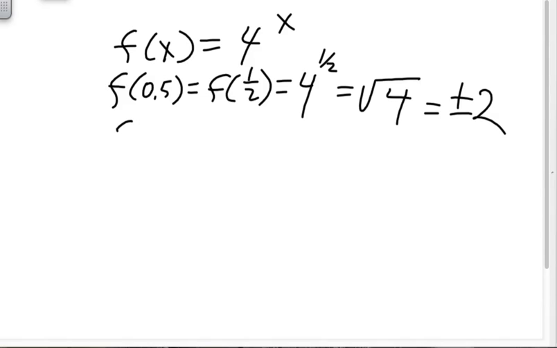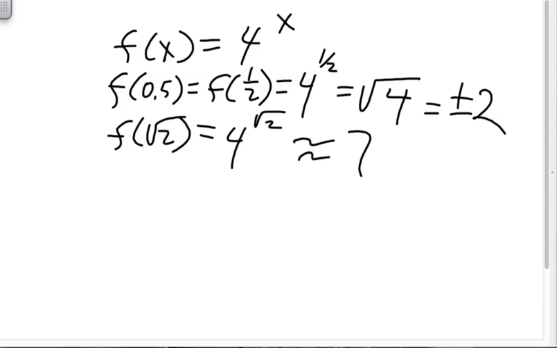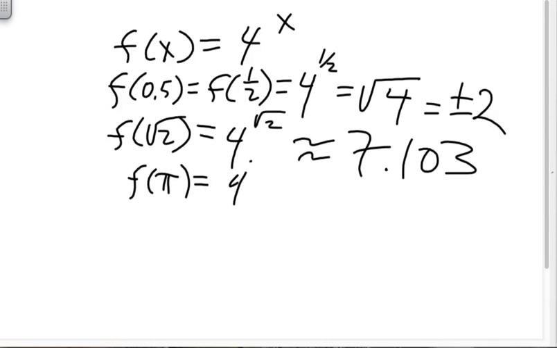Okay, so let's take a look at f of the square root of 2, which will equal 4 to the square root of 2. You put that in your calculator, accurate to 3 decimal places, works out to be 7.103. Let's take a look at f of pi. That just equals 4 to the pi.